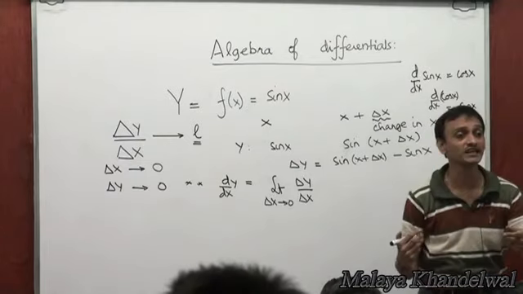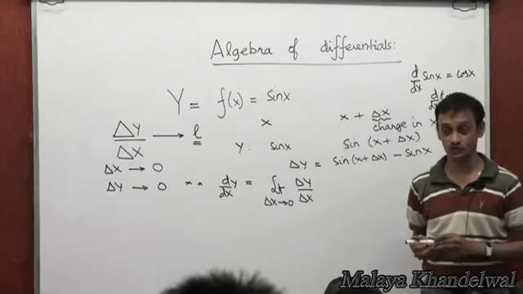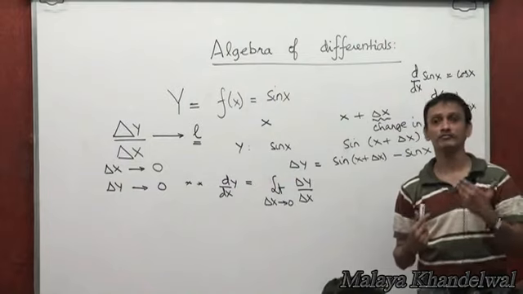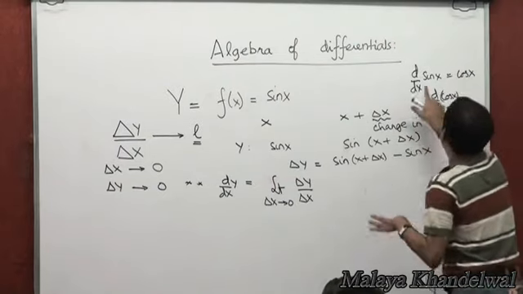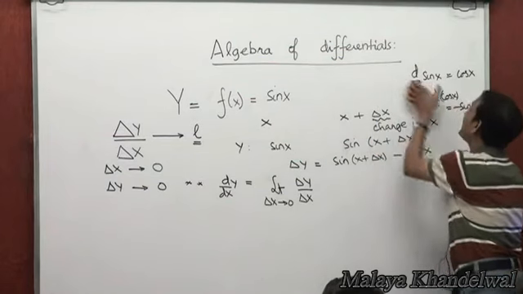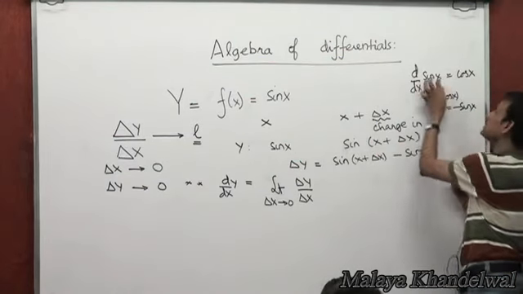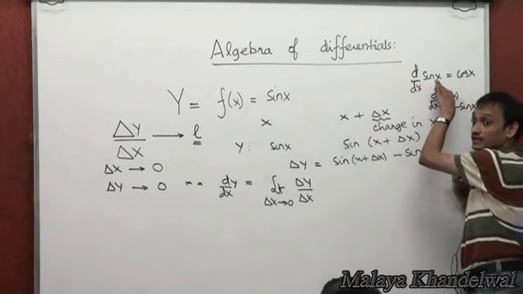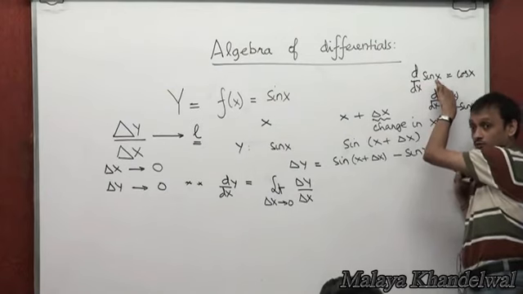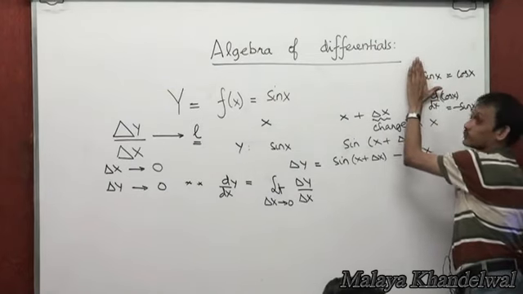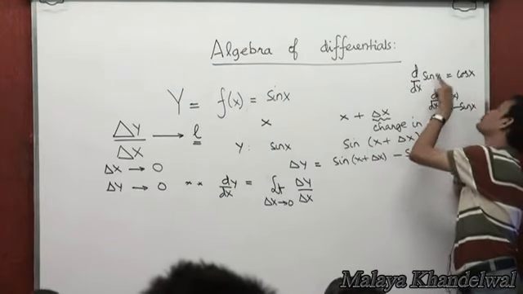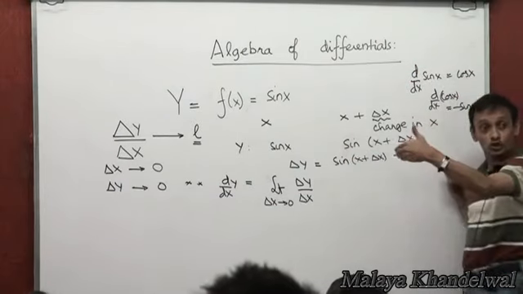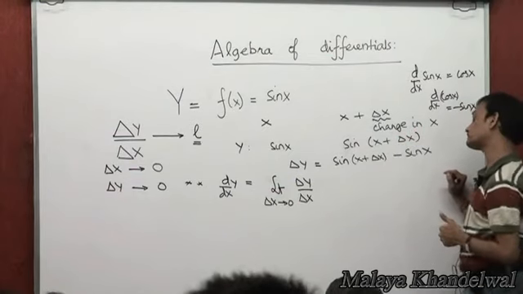When it acts on tan x, it produces a sec squared x. So then, I have kind of inadvertently forced you to believe that d/dx is one entity and sin x is the other entity. That's d/dx of sin x, right? So d/dx I have looked upon as one thing which is acting on another thing, sin x, to produce an output called cos x, right?